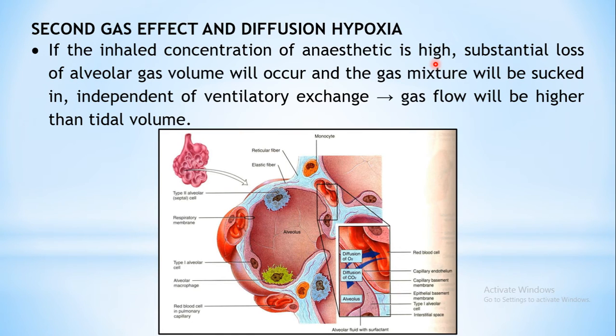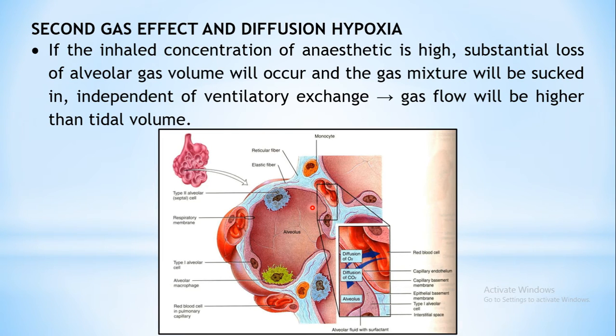When a very high amount of anesthetic is inhaled, what will happen is the partial pressure of the gas in the alveoli will be very high. A very high amount of anesthetic will come over here, so it will completely replace the air which is present in your alveoli.